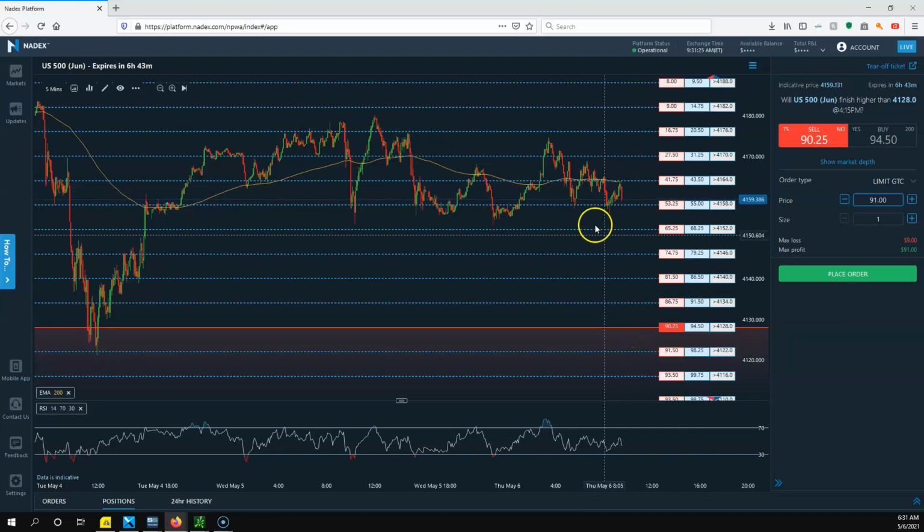Now, with that being said, what I'd rather do is wait till we get here and then maybe look for a bounce to the long side. So let's say this is what we were seeing over here. It falls, boom, I get long here. Whenever you're at the money on Nadex, it's about a 50-50 or about 48-52 bid-ask spread, so I could buy this for, we'll say, $50.